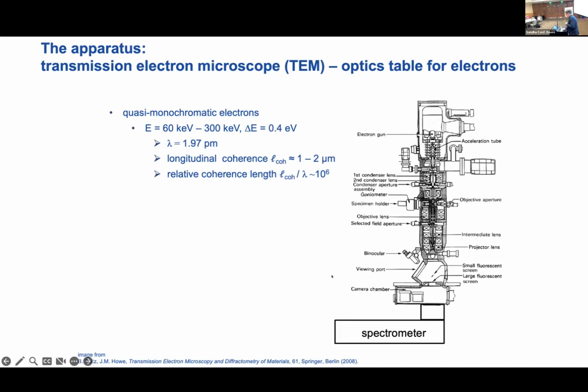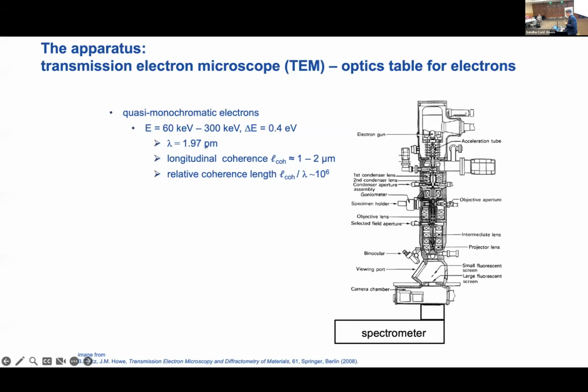And if you calculate it out, the de Broglie wavelength is quite short, we're talking 2 picometer wavelengths at 300 keV. The coherence length, due to the energy spread, is just a micron or 2. So that's quite short compared to a laser that you might have in the lab.